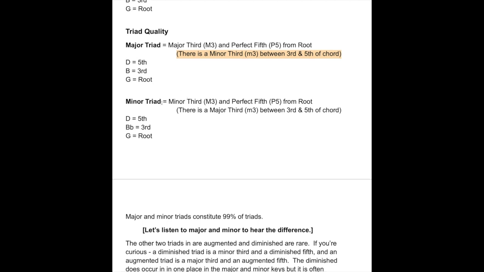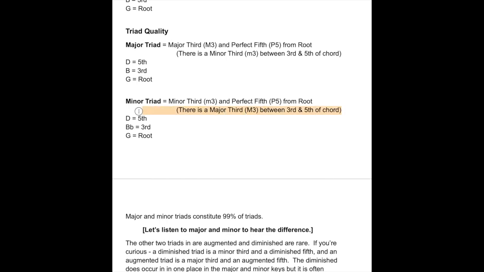Now let's compare that to the minor triad. In the minor triad, we have a minor third from the root. This should be a lowercase m. We have a minor third from the root and a perfect fifth again. So that means from G to B flat is a minor third, and then from B flat to D becomes a major third.